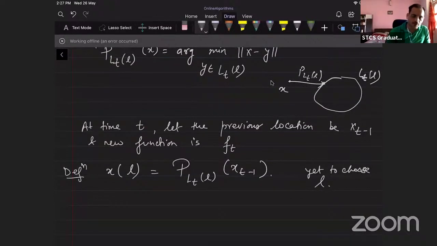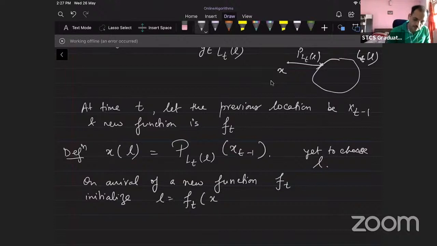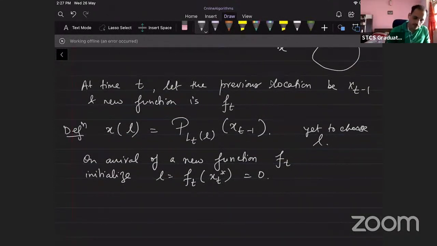What exactly am I going to do? On arrival of a new function f_t, initialize L equal to f_t(x_t*), which in our current case is going to be 0, because we are assuming that the optimal point has value 0. Iteratively increase L until either of the two conditions is met.